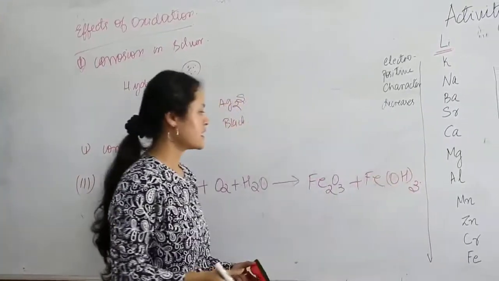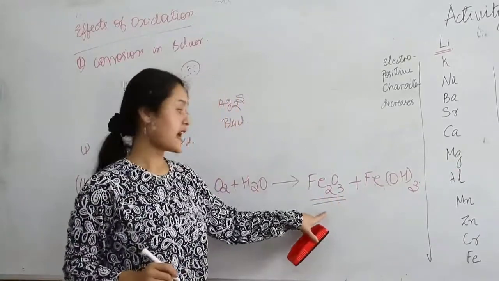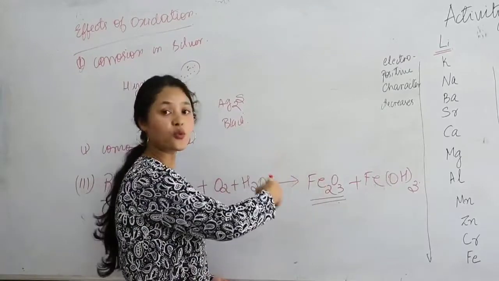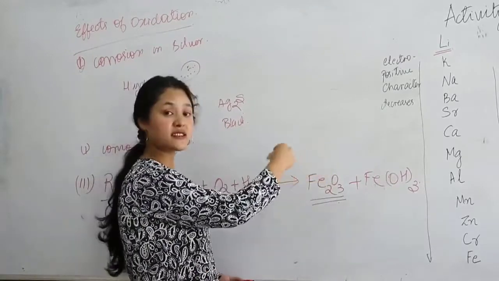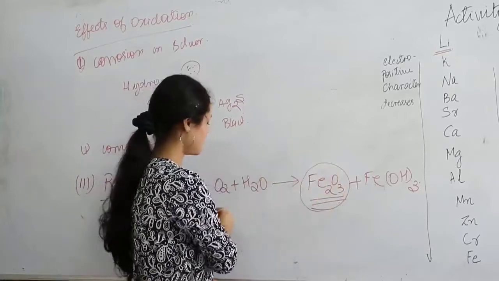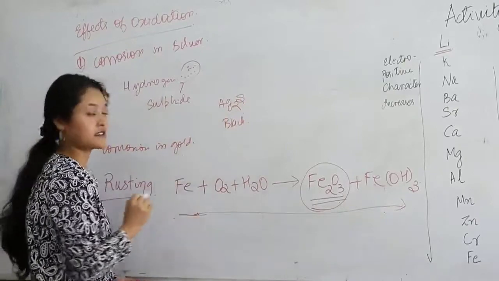This ferric oxide is that brownish color which makes the iron rod corrode. This is because of this reaction. This is the reaction of rusting.